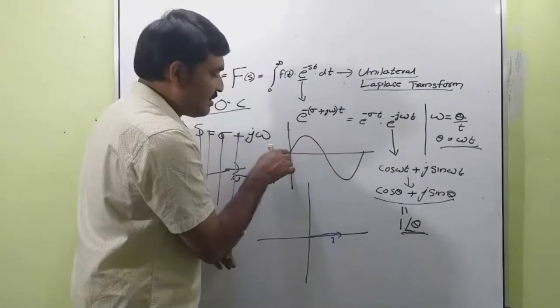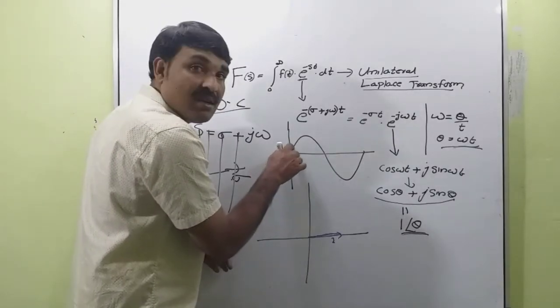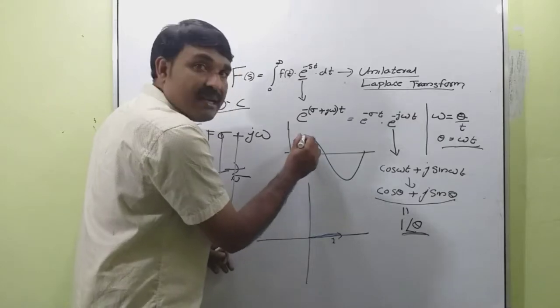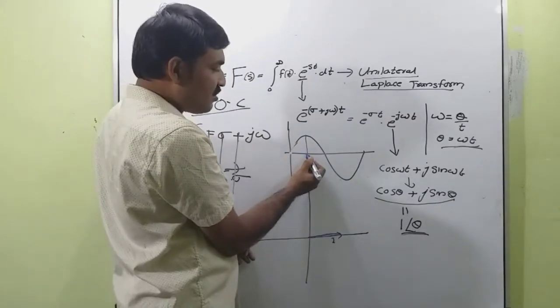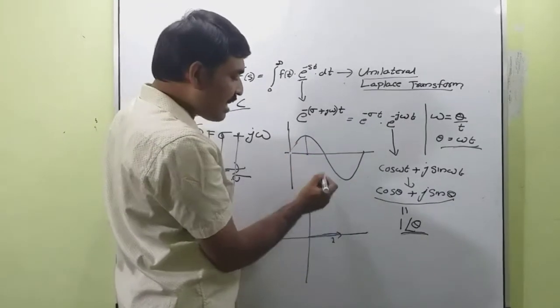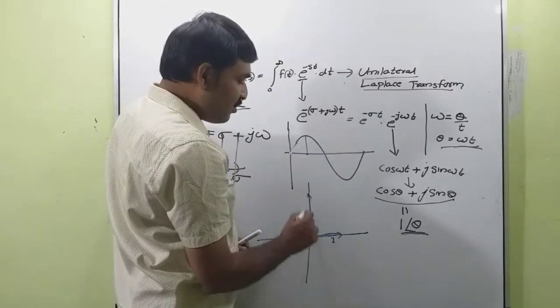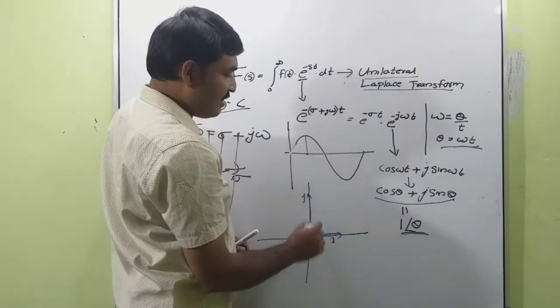When the time increases, this will move. At this angle, this becomes 90. This is theta equal to 90 degree, so that can be represented by a phasor of magnitude unity and angle equal to 90.